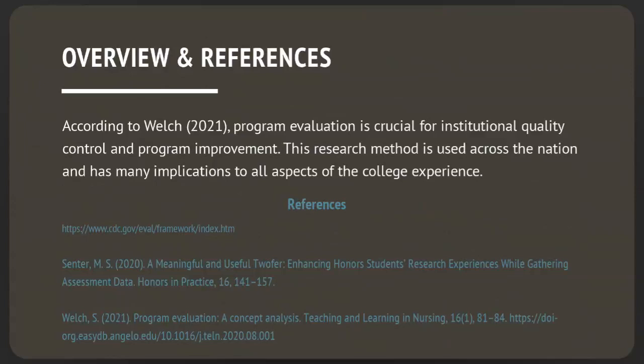I really liked this whenever I was doing research, and according to Welch, program evaluation is crucial for institutional quality control and program improvement. And here's why this is important. I believe that not only are we looking at future programs, but we are also looking at what we're doing now. Sometimes the wheel doesn't need to be fixed. Sometimes it does. And so, how can we continue to have a good working wheel, or how can we fix a broken wheel?